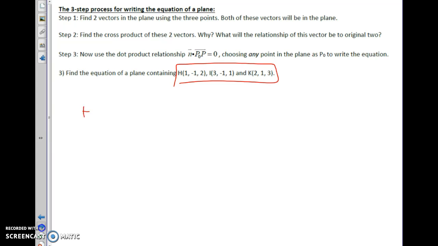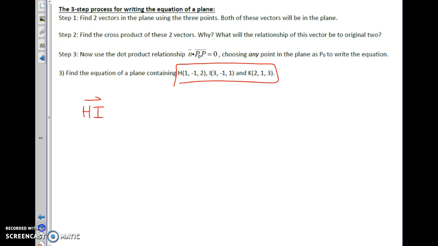I'm going to find the vector HI, and it doesn't matter which direction, just like in algebra when you're finding the slope between 2 points, it doesn't matter which direction you go.